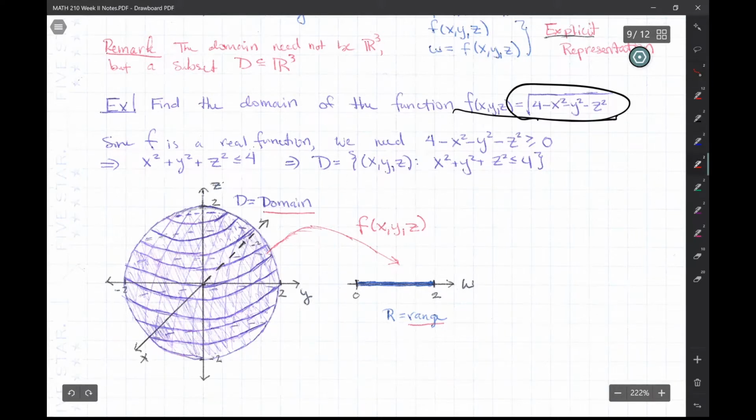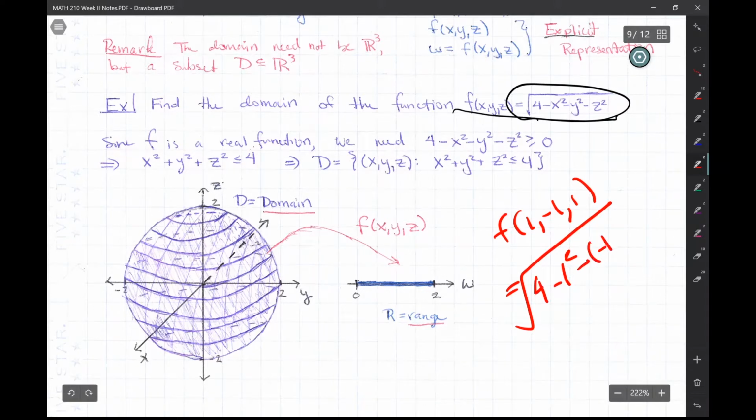Let's just take f of 1, minus 1, and 1, and that would be the square root of 4 minus 1 squared, that's our x, minus negative 1 squared, that one was our y, minus 1 squared, and we get the square root of 4 minus 3, or 1, okay?